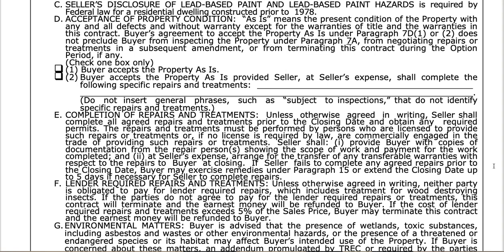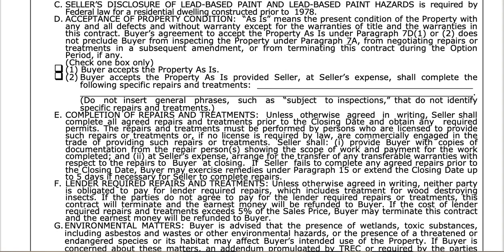A long time ago, if there was a leaky faucet or a toilet was leaking, the homeowner would go in there and fix it. Well, now, according to the contract, it needs to be somebody that has a license to do that or is commercially engaged in such repairs or treatments. So your seller, unless they are licensed or commercially engaged in such repairs, is not able to do that anymore. They need to hire somebody to do it.